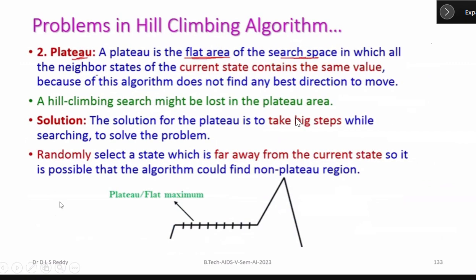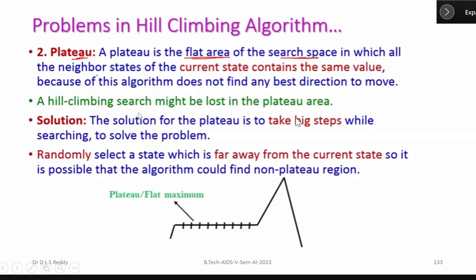Next is plateau. Plateau is a problem. Plateau means a flat area of the search space in which all the neighboring states of the current state contain the same value. See, all the neighboring states have the same value. So what will the search algorithm think? Because it is having the same value, it thinks we have reached our maximum value and it will stop the search here, because the algorithm does not find any best direction to move.